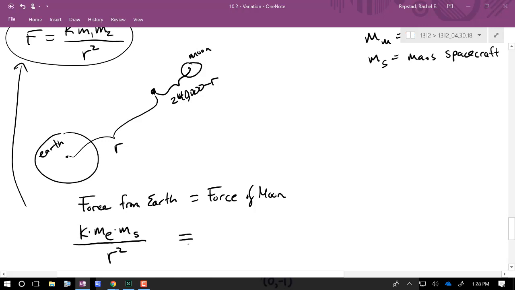And on the other side, we've got that constant K times M_M times M_S, right? We're comparing forces from different masses. So for the force that the spacecraft feels from the moon, we've got to use the mass of the moon and the mass of the spacecraft. And of course, its distance is now 240,000 minus r, and that's what we're squaring.